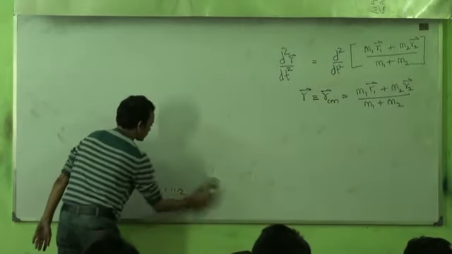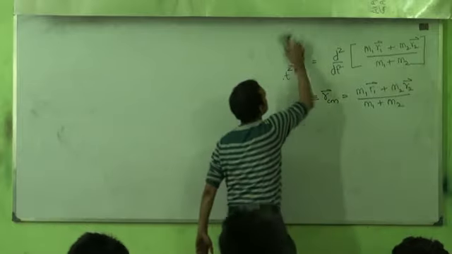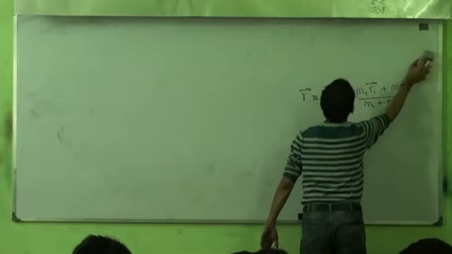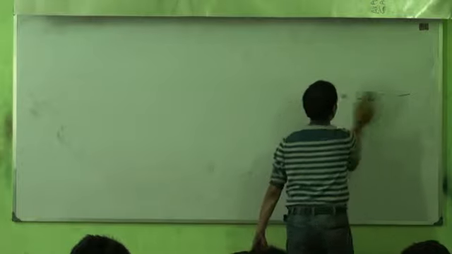And if there are n number of discrete particles, then we could simply write the position vector of the center of mass of these discrete particles.